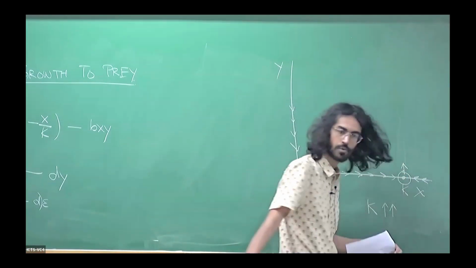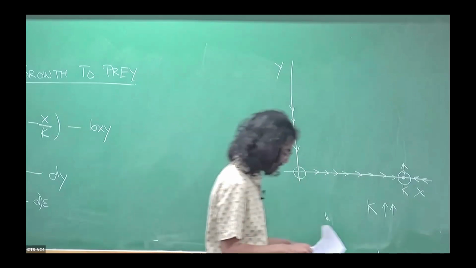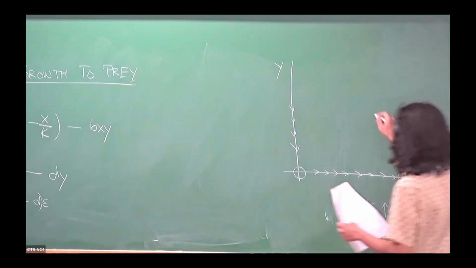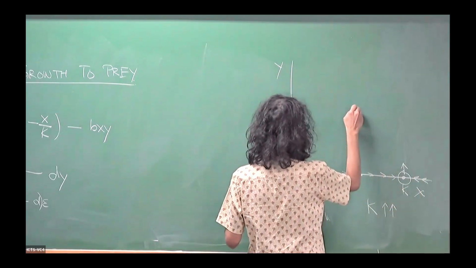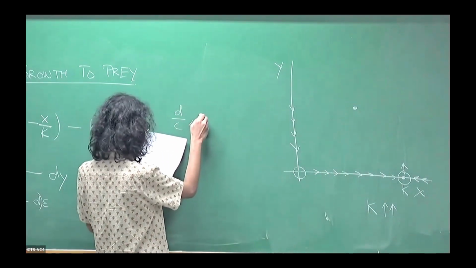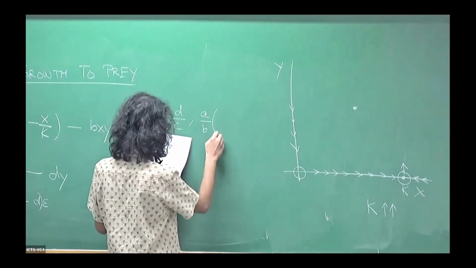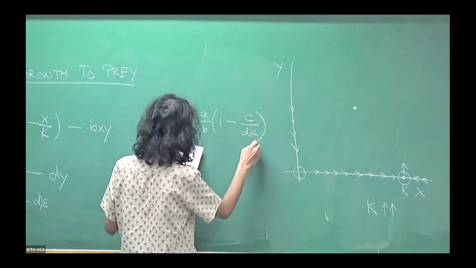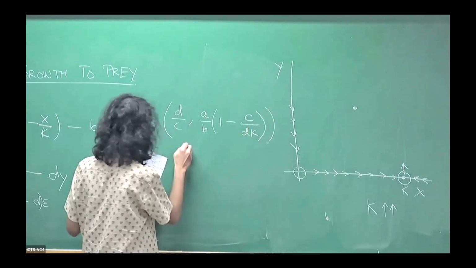You'll go away and this becomes unstable. Okay, so those are two. What's the third fixed point? Right, it's something sitting here, right? And I think it looks like D by C, A by B, 1 minus C by DK, something like that.